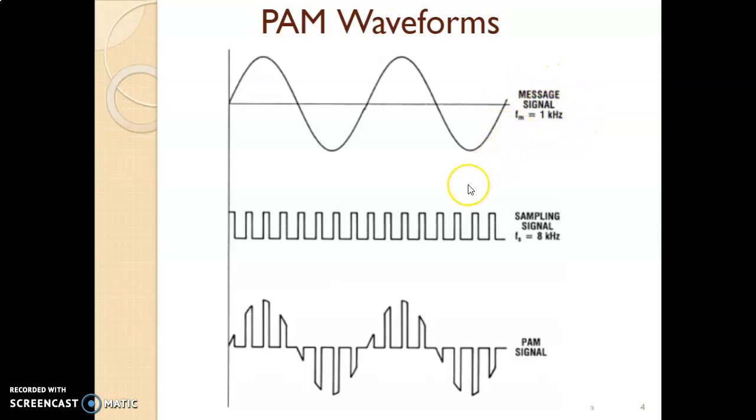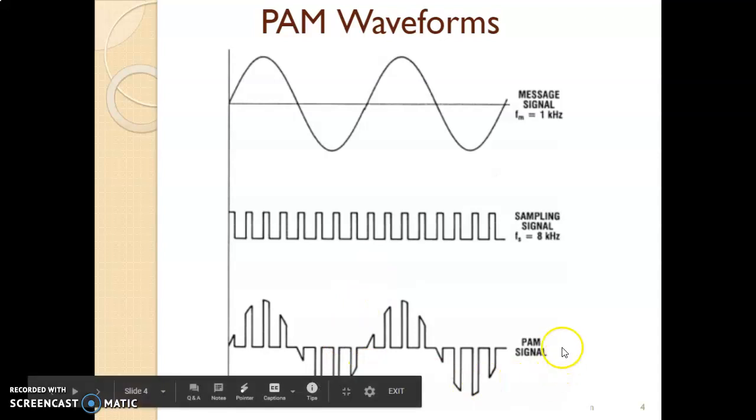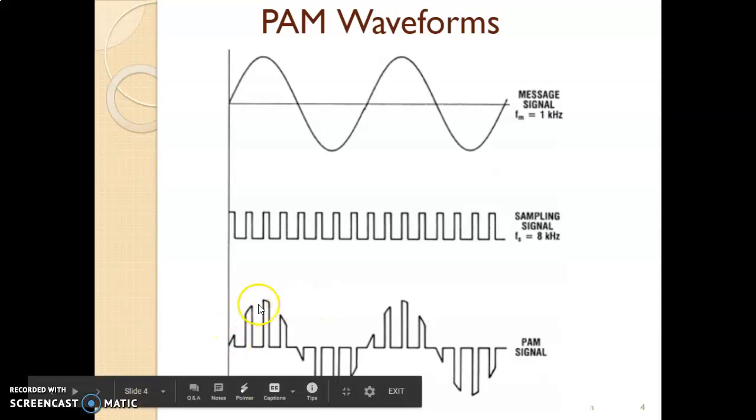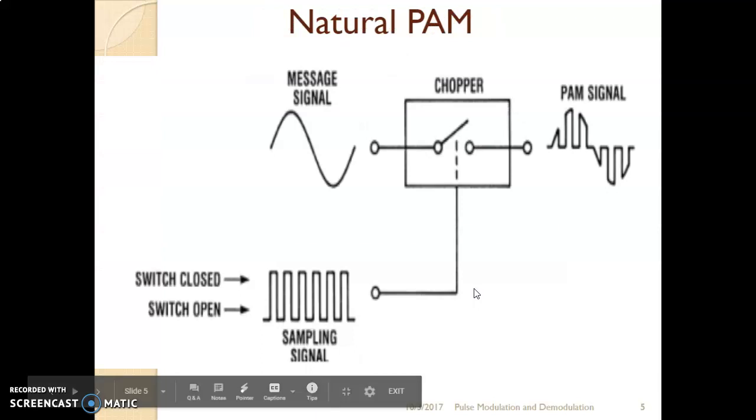So that is how the sampling should be done. And this is our natural pulse amplitude modulated signal. We came across this kind of waveform during natural sampling. So this is the naturally sampled signal, and this is called the pulse amplitude modulated wave.